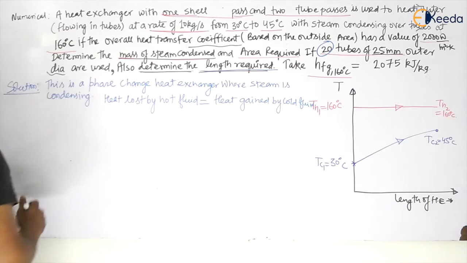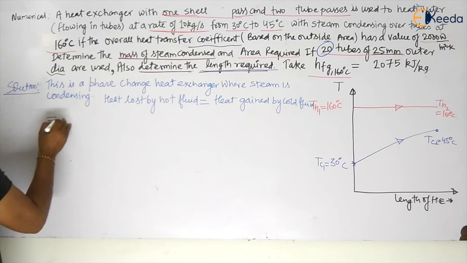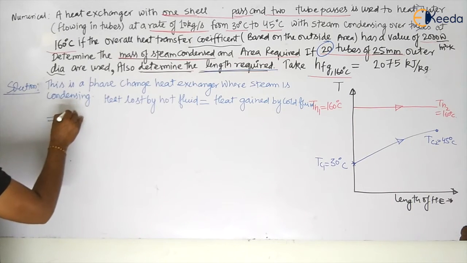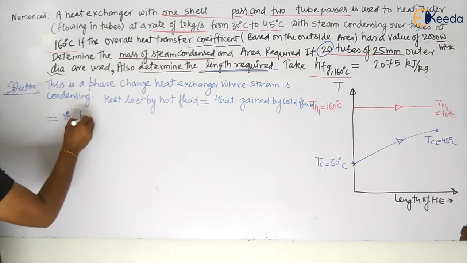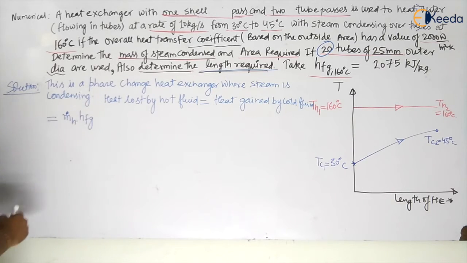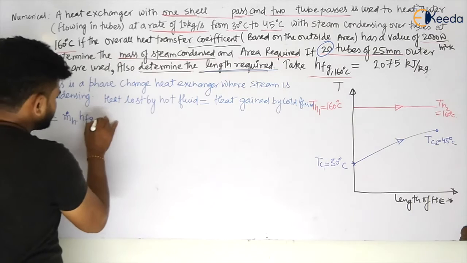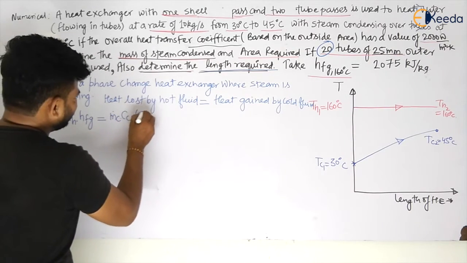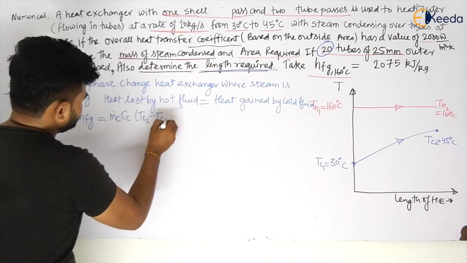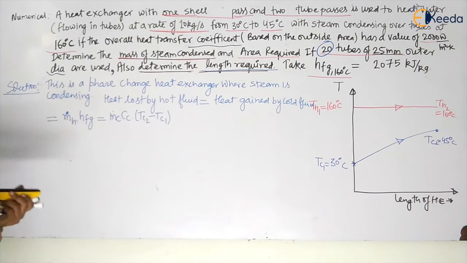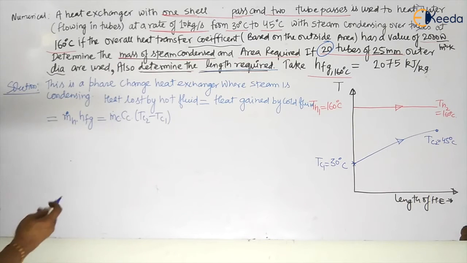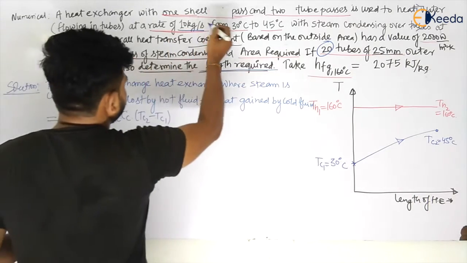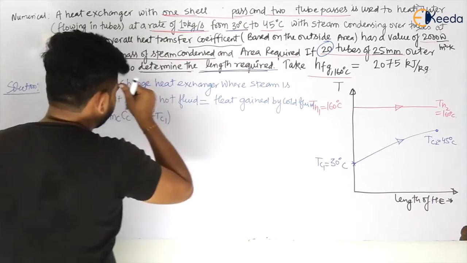So what will be the heat lost by hot fluid? As it is undergoing a phase change, this will be m_H into h_fg, that is latent heat of evaporation at 160 degrees Celsius, is equal to m dot c, c_c into Tc2 minus Tc1, my dear students. Now we know the mass flow rate of the water, that is 10 kg per second, from 30 degrees Celsius to 45 degrees Celsius.